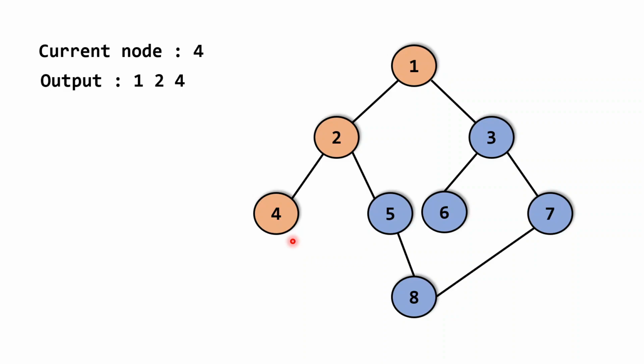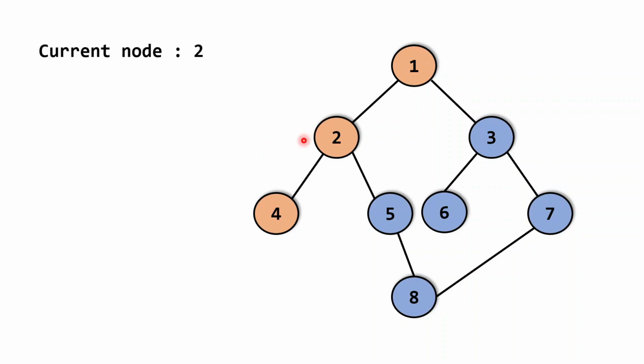Now at this point, for this node 4, which is our current node, we don't have any neighbors which are unvisited. It has an adjacent neighbor, that is 2, but that is already visited. So what we will do here is we will backtrack to its previous node, that is we came to 4 from this node 2, so I will backtrack to 2.